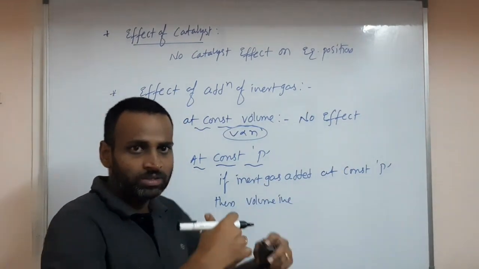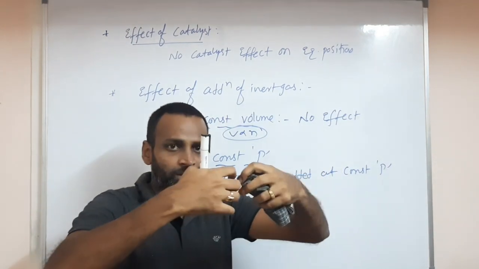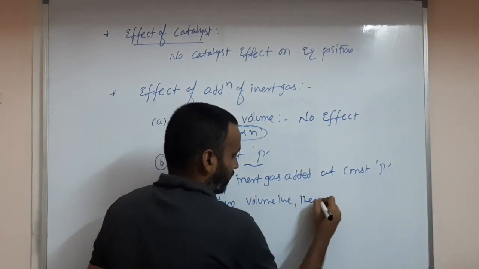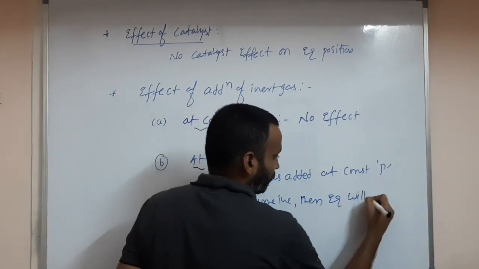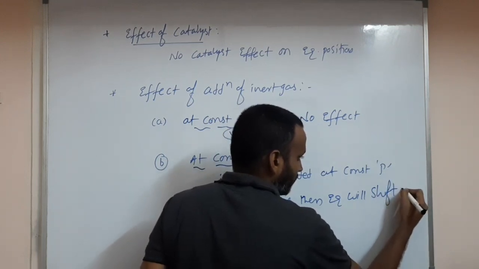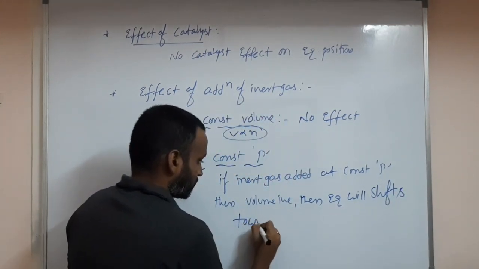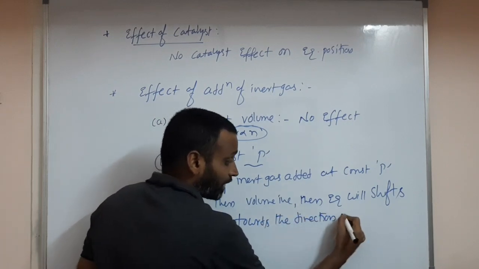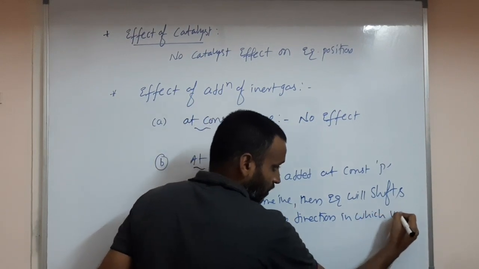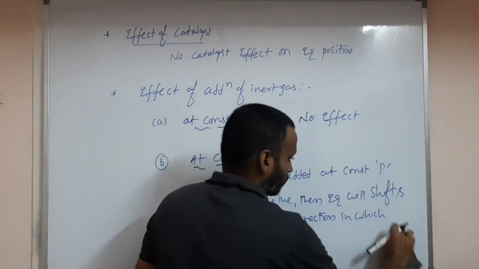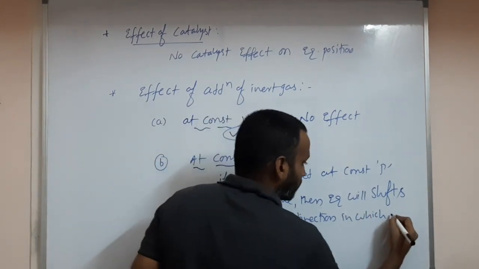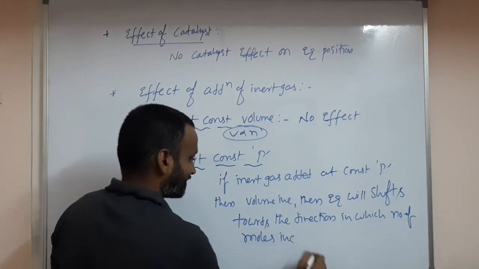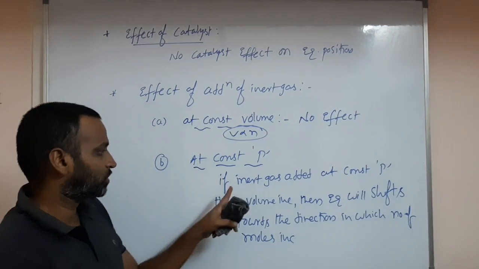You are adding inert gas, which is highly diffusible, so volume increases. Then equilibrium will shift towards the direction in which volume increases. Since volume is directly proportional to number of moles, in which number of moles increases. This is the most important thing.